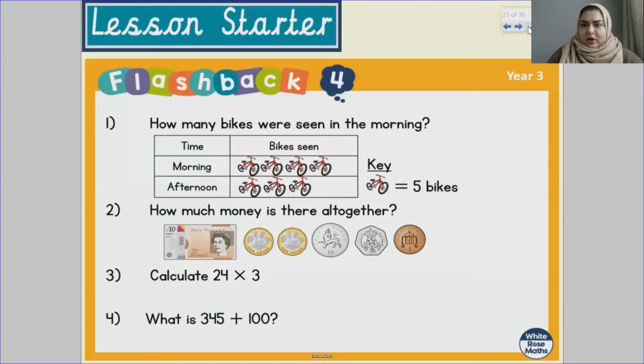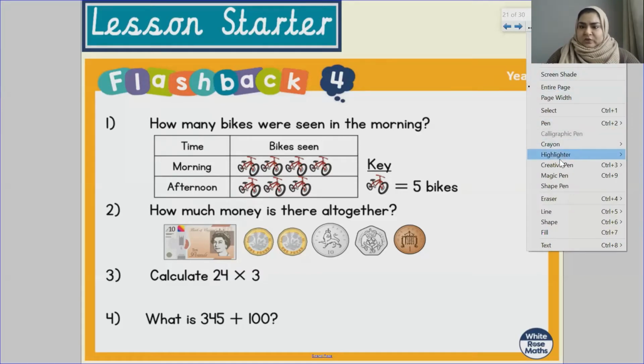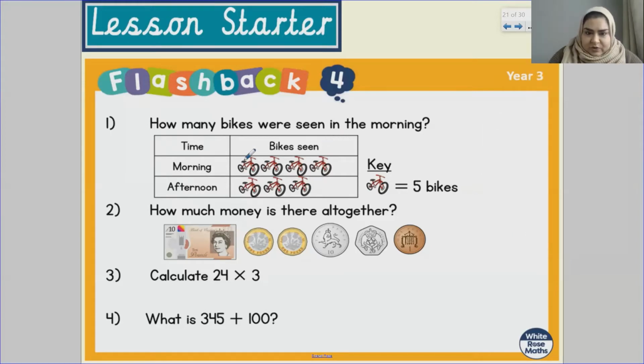Okay, so if you look at question number 1, it says how many bikes were seen in the morning. Over here you can see the times, the morning and the afternoon, and then you've got the bikes seen here. Now the key says a picture of 1 bike means 5 bikes. So the 2 ways you could have worked this out: by doing repeated addition, I see 1, 2, 3, 4.